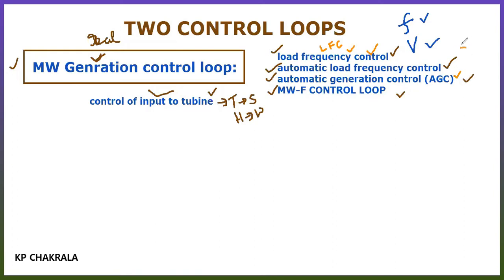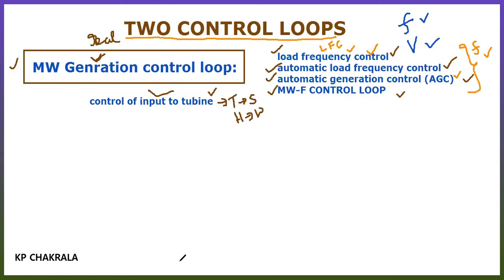But ultimately, this control loop does the exercise in such a way that the frequency is maintained constant. This is the ultimate aim of this control loop. So among the two control loops, the first one is the megawatt generation control loop.